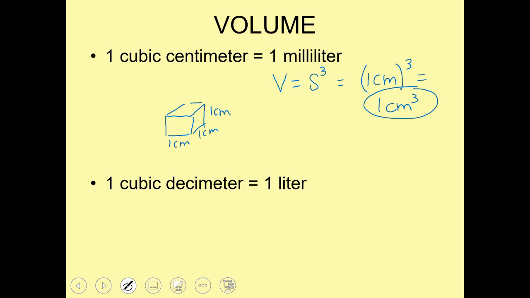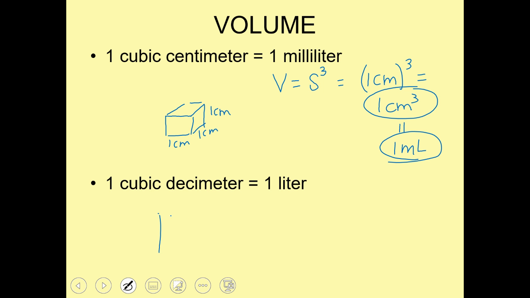This quantity is equal to a milliliter. A milliliter is defined as a cubic centimeter. It is derived from a region of space defined by a cube that is 1 centimeter in every direction. So that's an important equality to know.